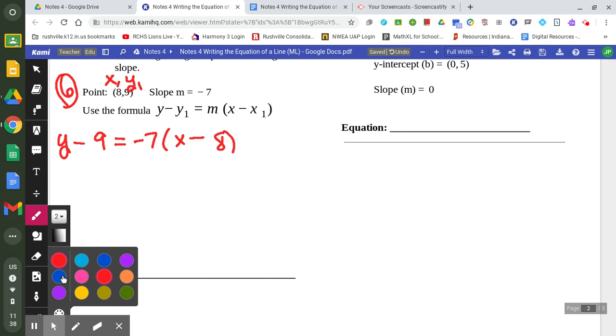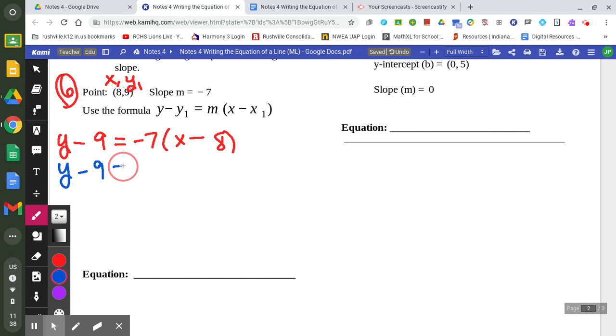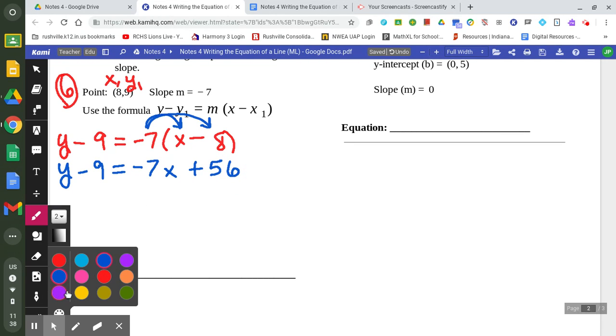So then my next line of work, y minus 9 equals, and I have to do my distributing. So negative 7 times x, negative 7x. Negative 7 times negative 8 is plus 56. And then I need the y by itself.